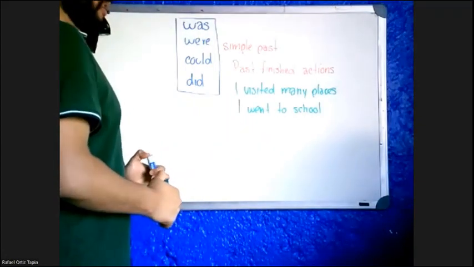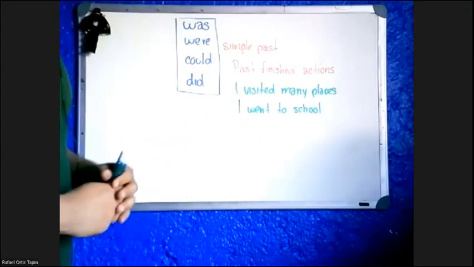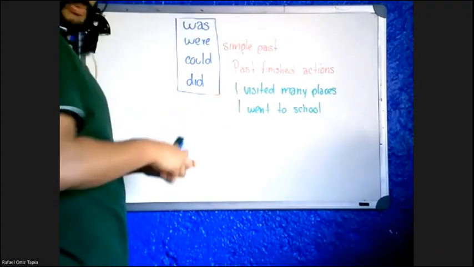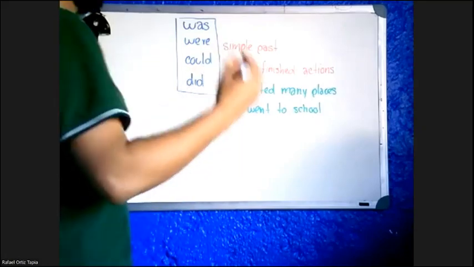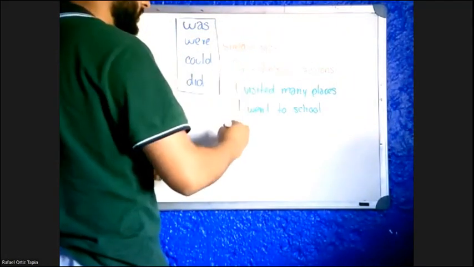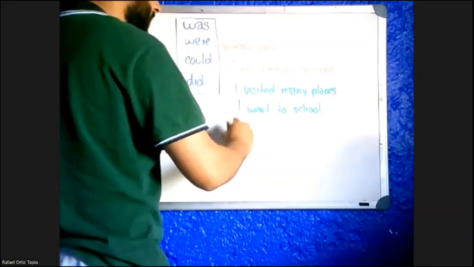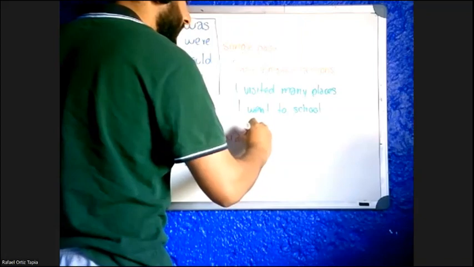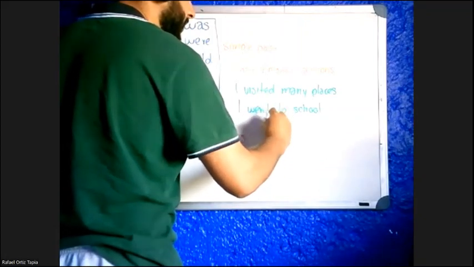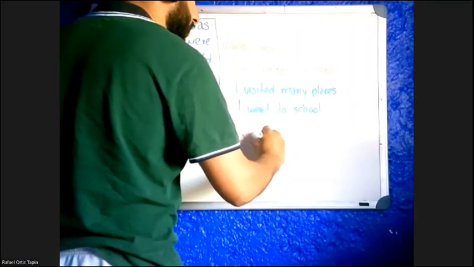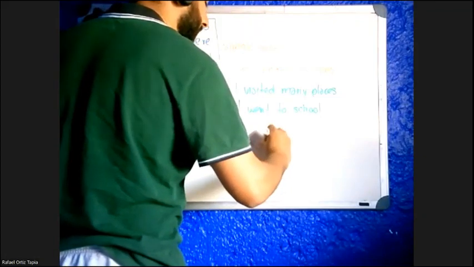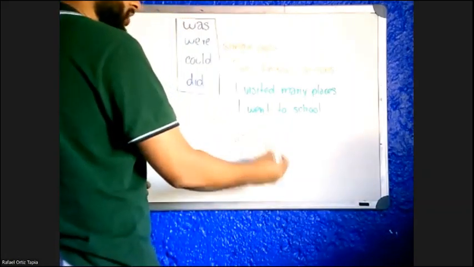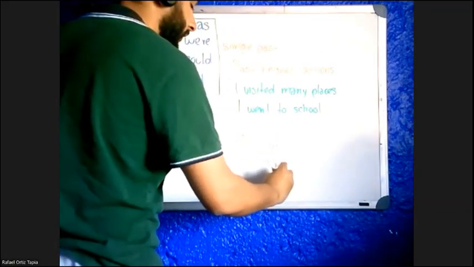And well, what else? Simple past is also used with was and were, right? But you need to have in mind that you are going to use was when you have the pronouns I, he, she, and it.